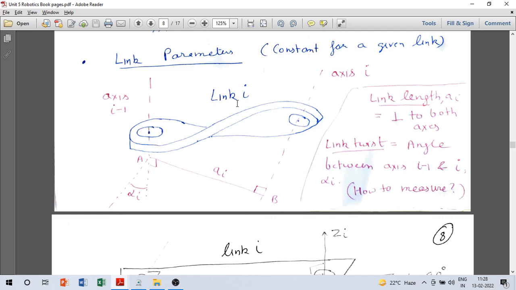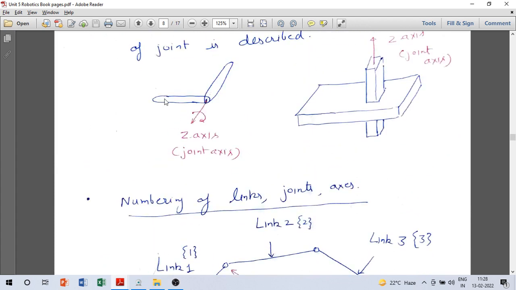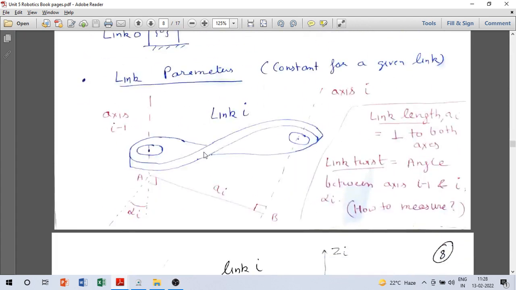This is called link number i. Corresponding to these joints, these are the axes. This axis is called axis i minus 1, and this one on the right-hand side is called axis i. So we have link i, axis i minus 1, and axis i.